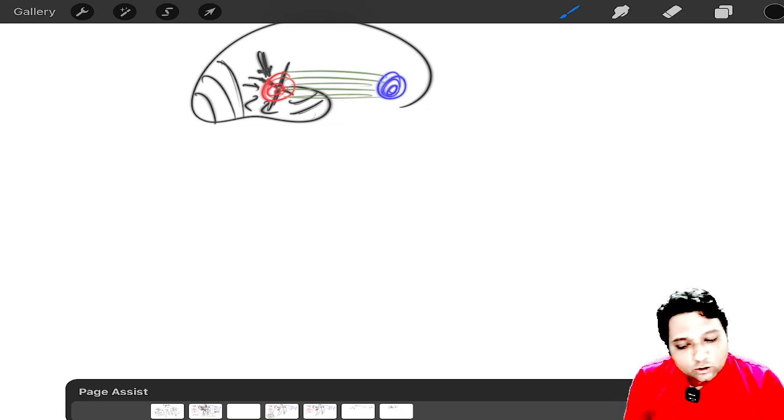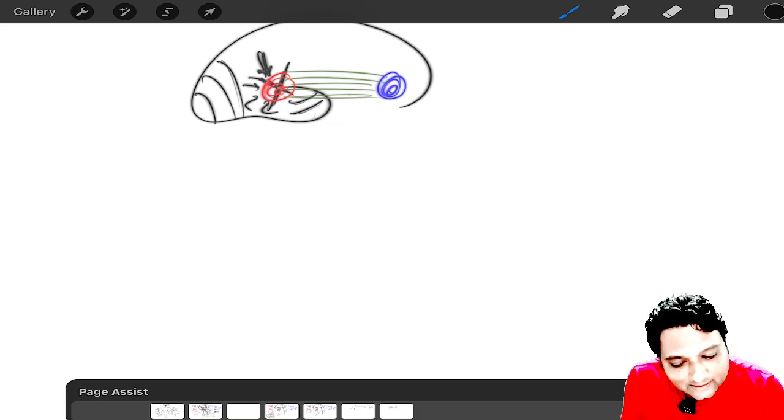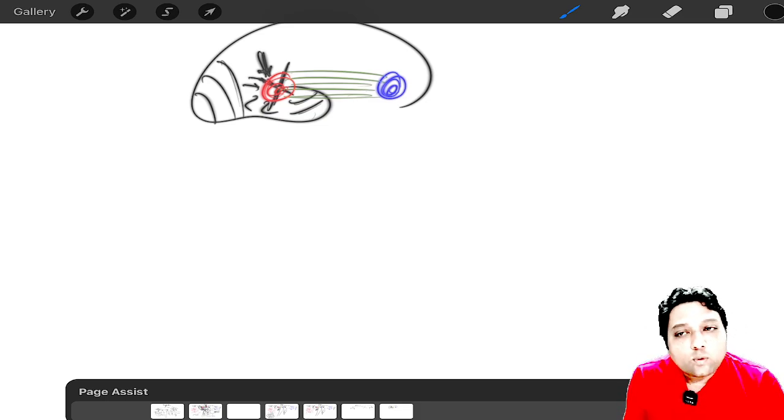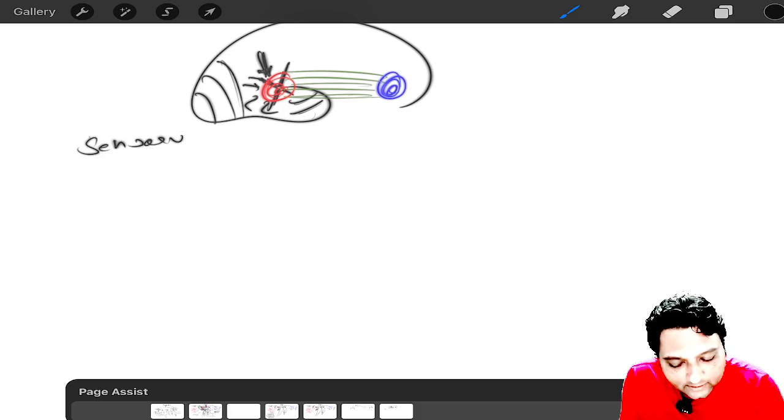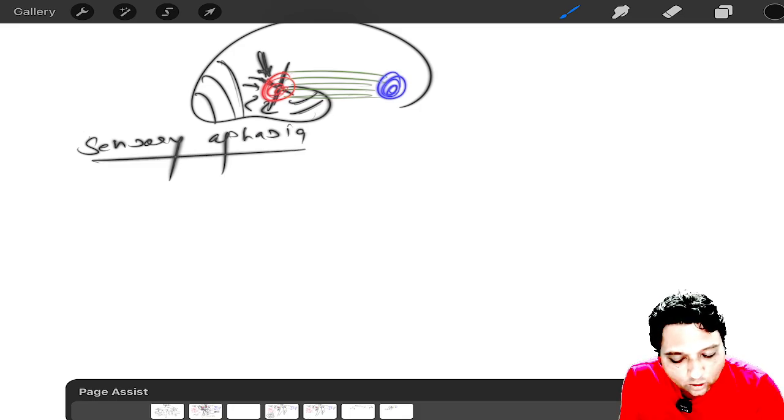Okay. So since the sensory information from Wernicke's area cannot communicate to Broca's area, this type of aphasia is called sensory aphasia or Wernicke's aphasia.